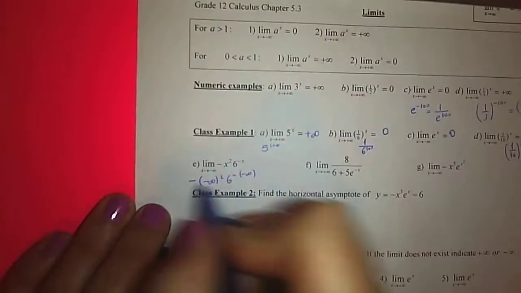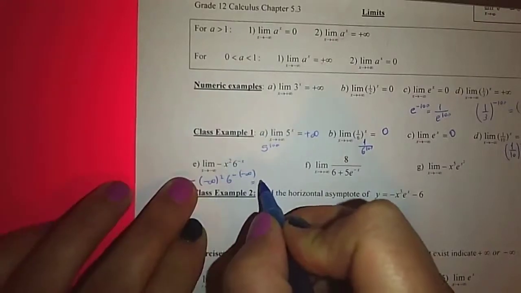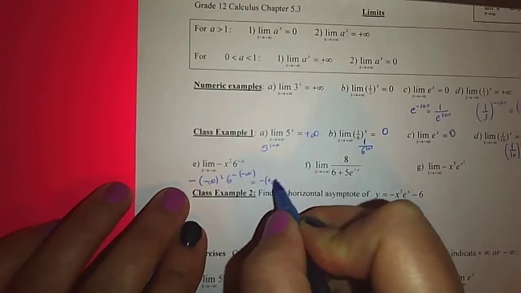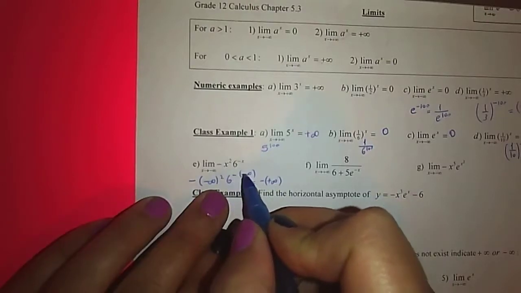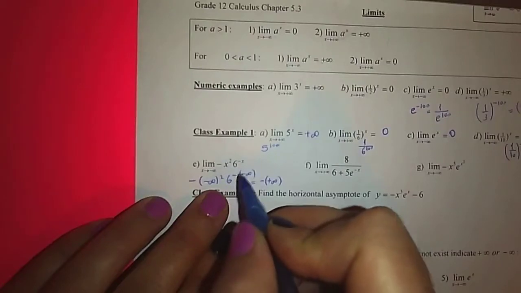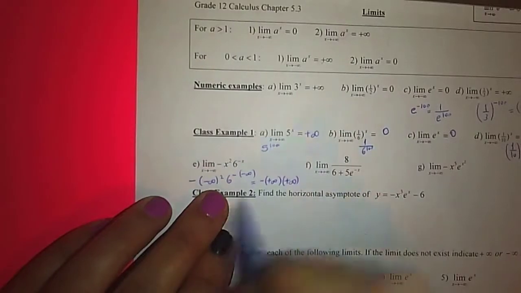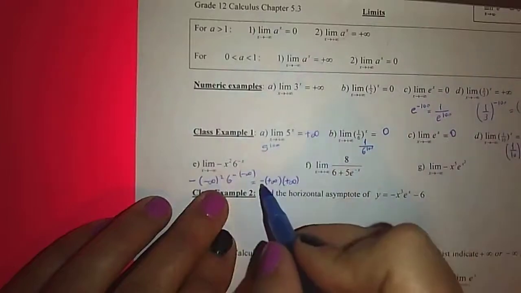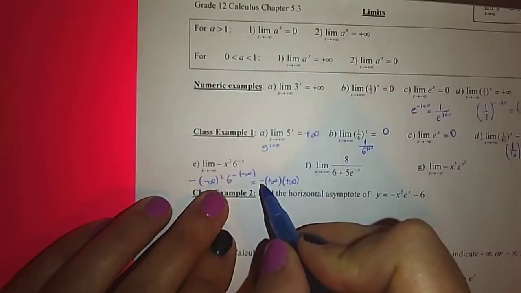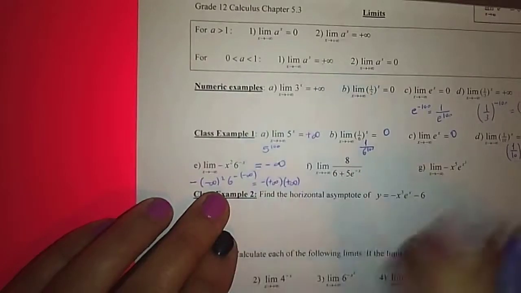So this will give you negative times positive infinity, and now you have 6 to the power of negative times negative, which gives you positive, so 6 to the power of positive infinity. So 6 to the power of a very big number will give you again a positive infinity. So positive infinity times another positive infinity, multiplied by a negative value, you end up with negative infinity here.